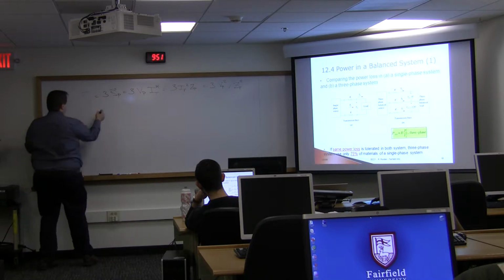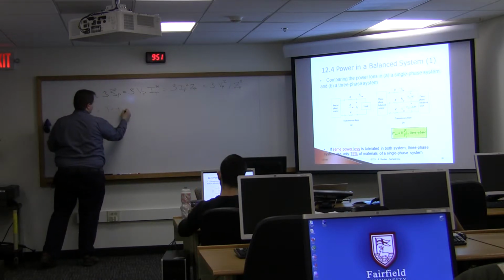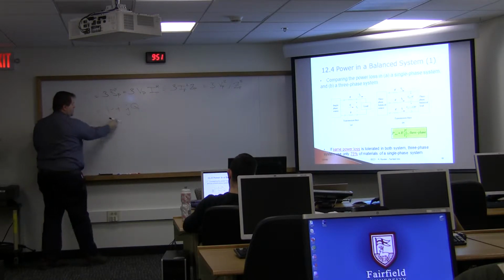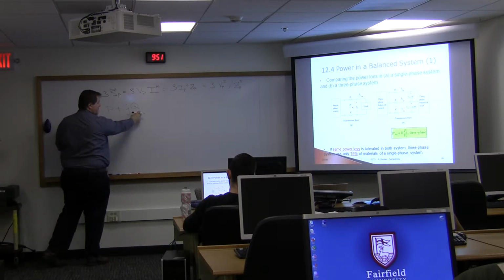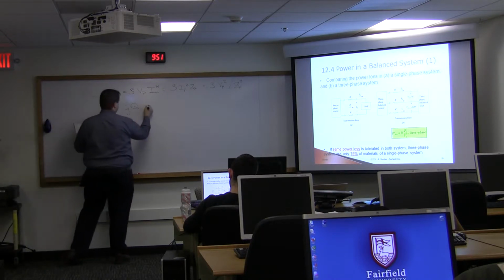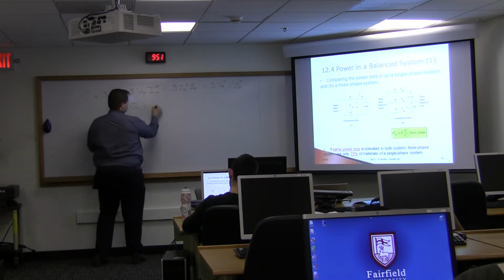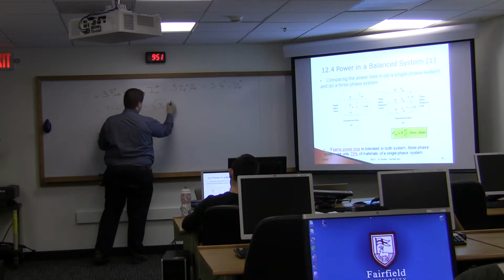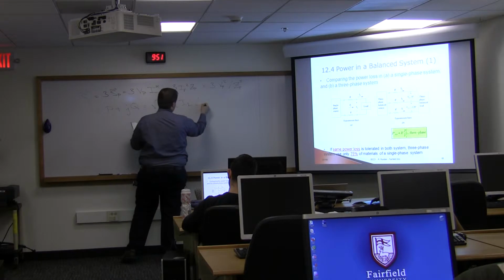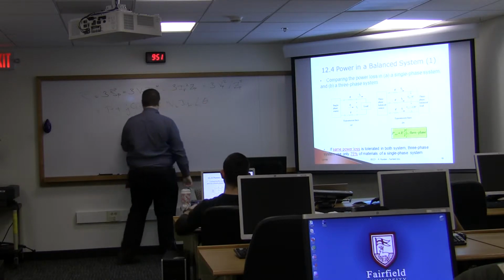In polar or complex form, remember this was written down as the average power plus j times the reactive power, Q, right? And so for the complex power in a three-phase system, we can also express it this way, right?